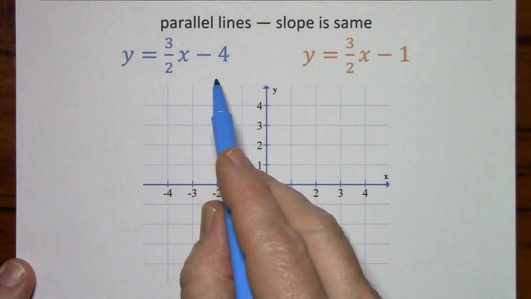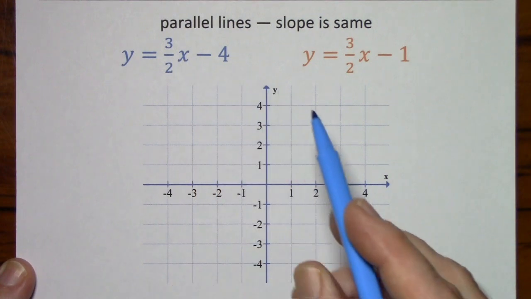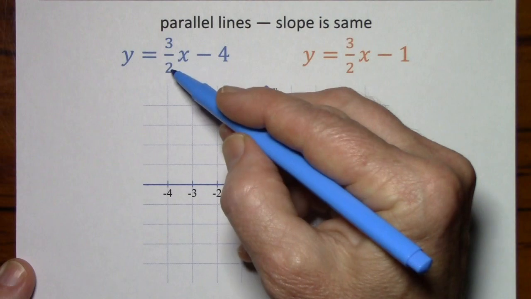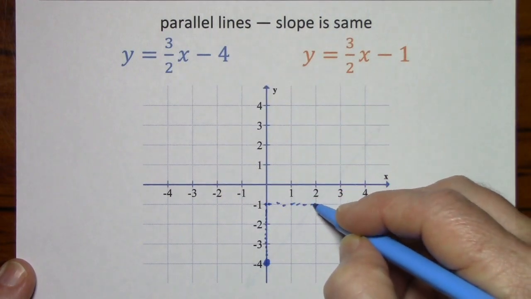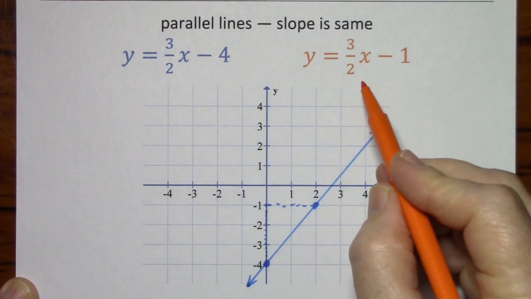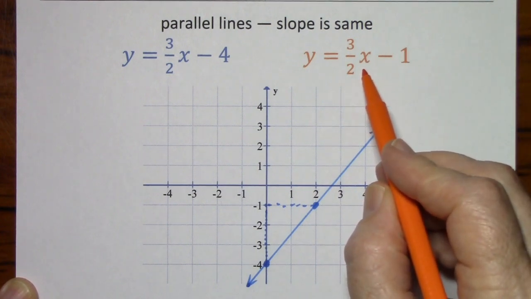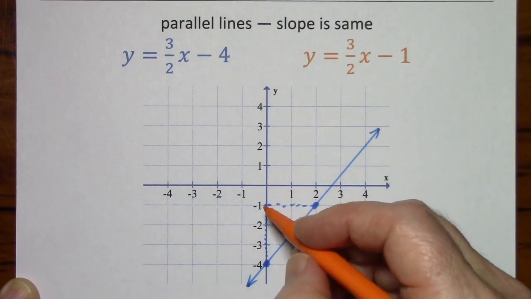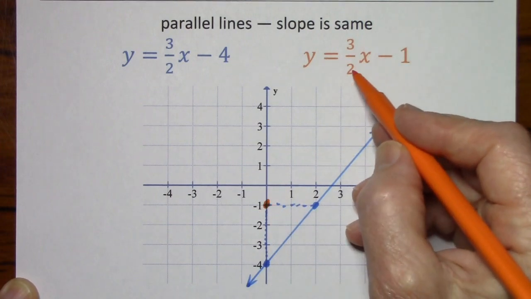So first, to graph this equation, when x is 0, y is negative 4, and the slope is up 3 over 2. And now this equation, when x is 0, y is negative 1, and the slope is up 3 over 2.